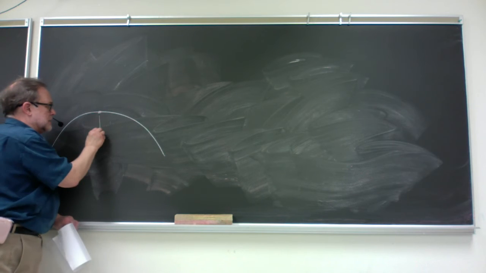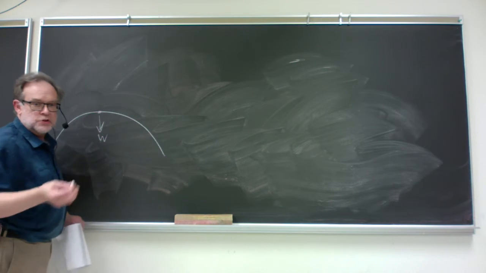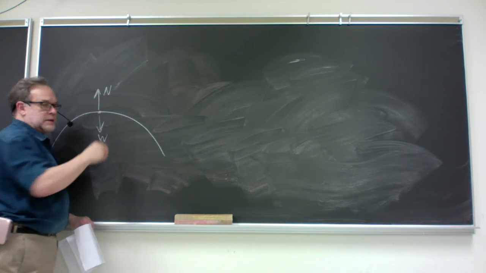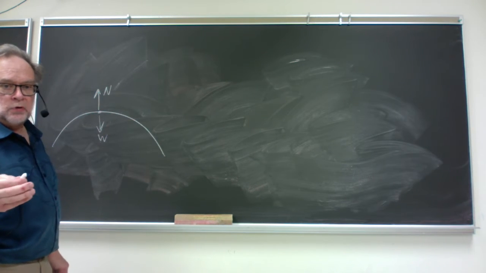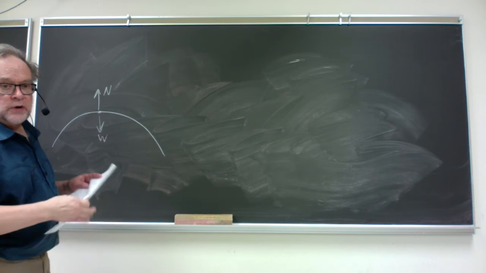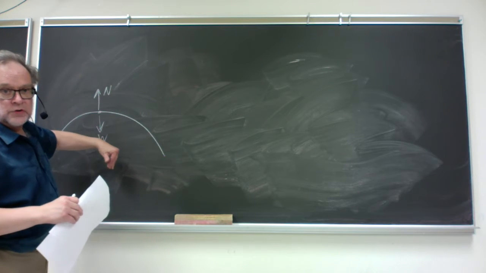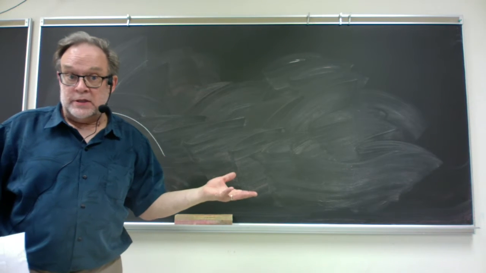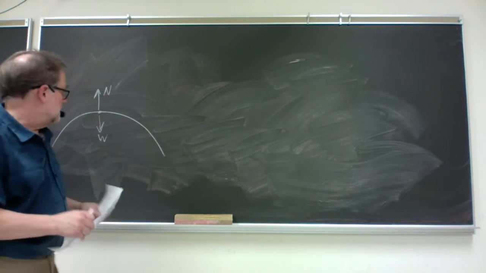And the forces acting on you in this case are the same two forces, weight and normal, in the same direction as before. But now, remember, we take the positive direction to be in towards the center of the circle, because that's the way the centripetal acceleration always points.